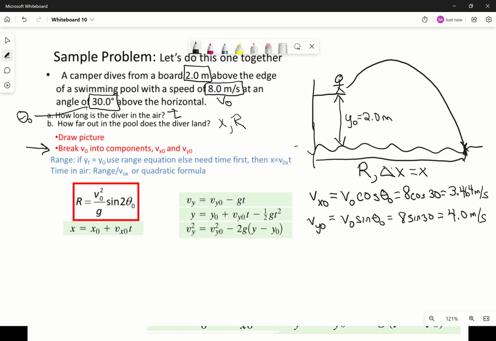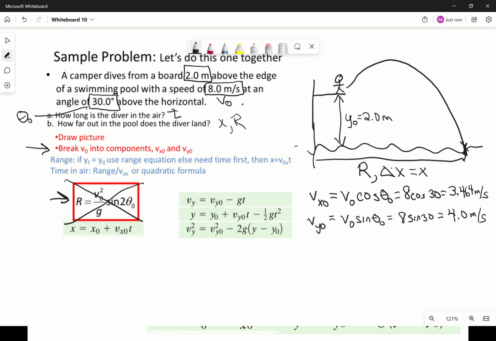And remember, we can only use the range equation, this magic equation in the red box here, if the thing lands at the same height that it took off. But in this case, I've got a diver. He starts off on the diving board and he lands in the pool. So since he doesn't land at the same height he took off, I can't use that equation. So that means I'm going to have to use the quadratic formula.